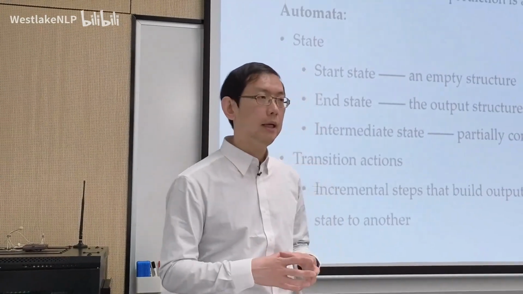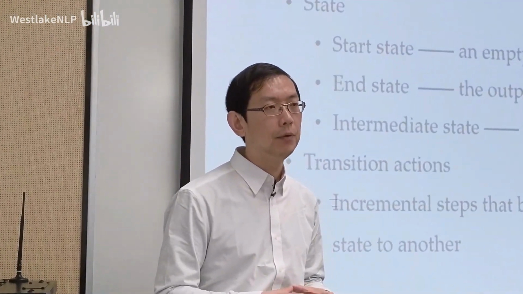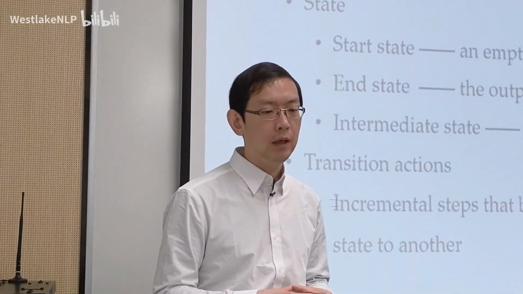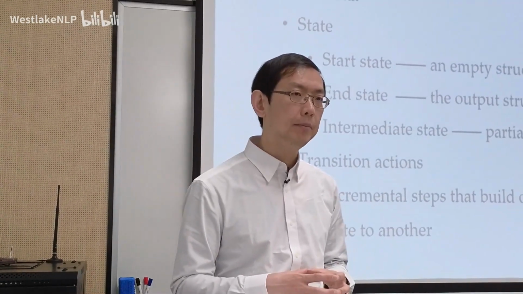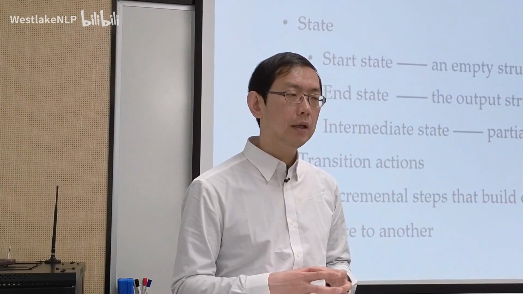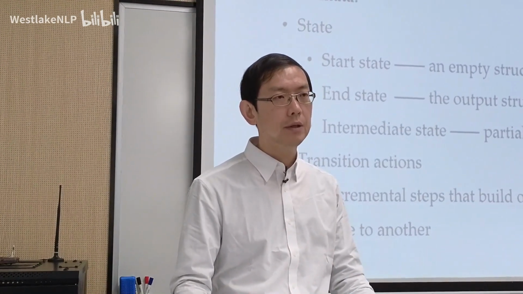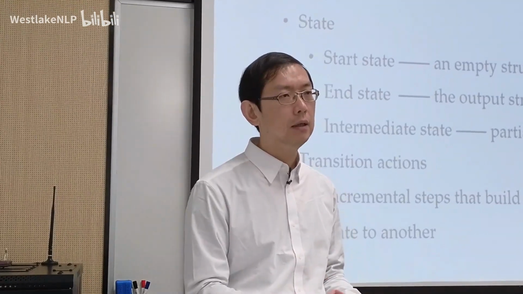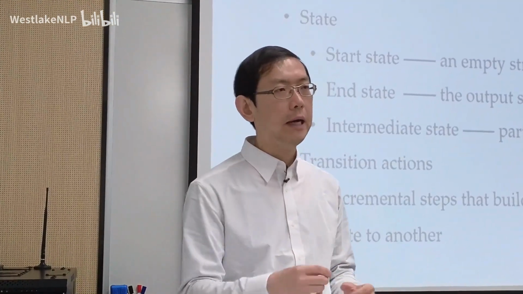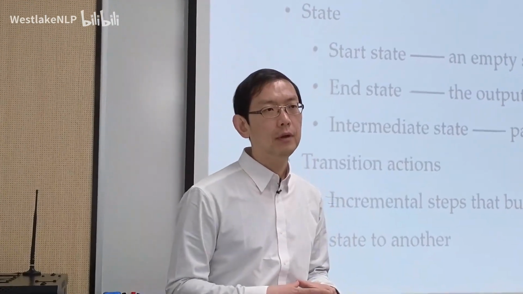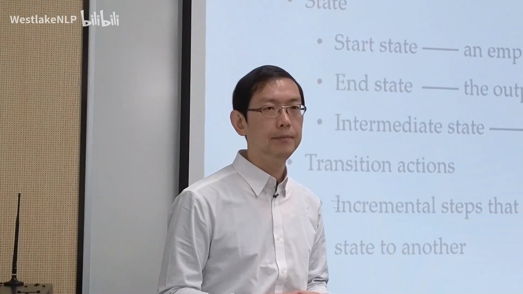Any intermediate state represents partially constructed outputs. So the goal of transition-based modeling is to model this dynamic process so that given a state, we know what kind of decision or what kind of action to choose. This is like a decision process, DP.